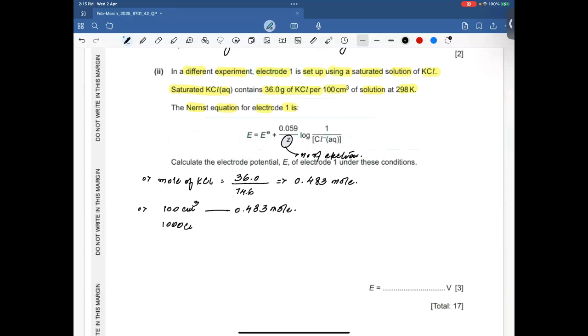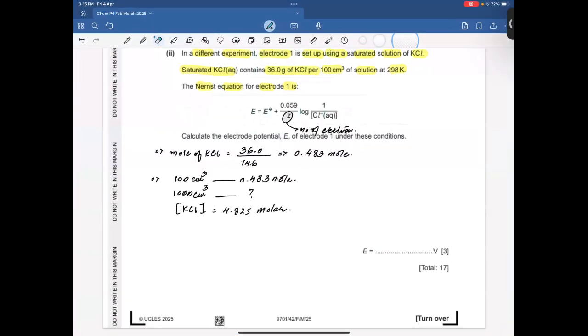So in 1000 cm cube, the concentration of potassium chloride is going to be 4.825 mole per dm cube, which is also called molar. We have calculated the concentration of potassium chloride, and obviously the concentration of potassium chloride and the concentration of chloride ion would be the same because of the 1:1 ratio.